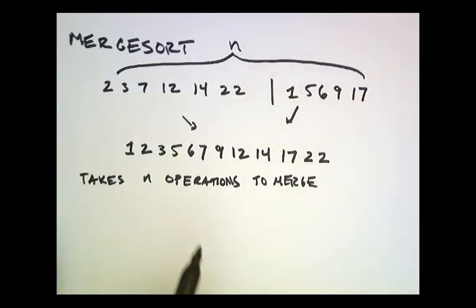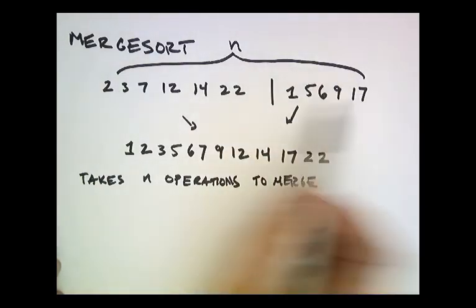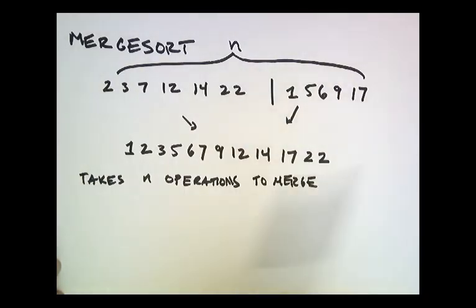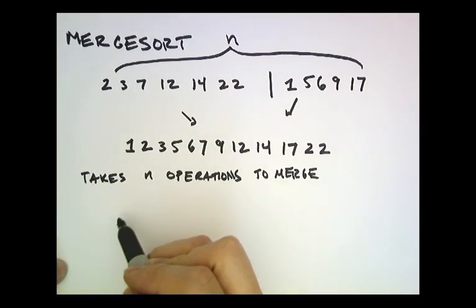So this is just sort of a long-winded way of saying if you have two lists of numbers, they have n numbers in total, it's going to take about n operations to merge the two lists into one sorted list. Okay, so how does merge sort work? Well, it says the following.